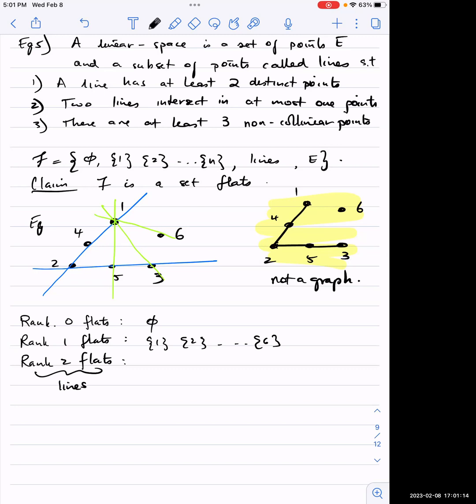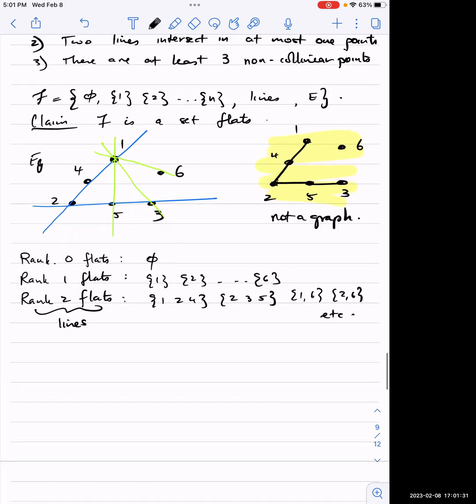The non-trivial ones are 1, 2, 4, and 2, 3, 5. And then you have all the other pairs, like 1, 6, 2, 6, etc. And then the rank 3 flat is just the whole space.